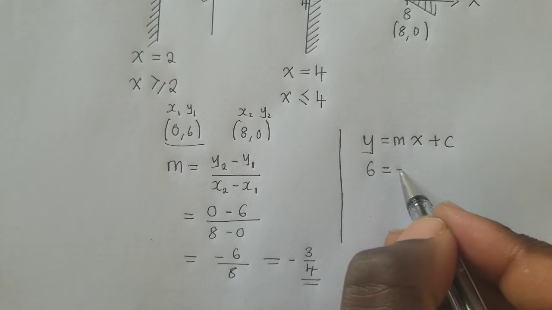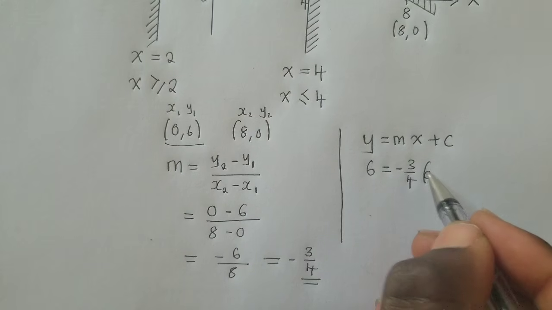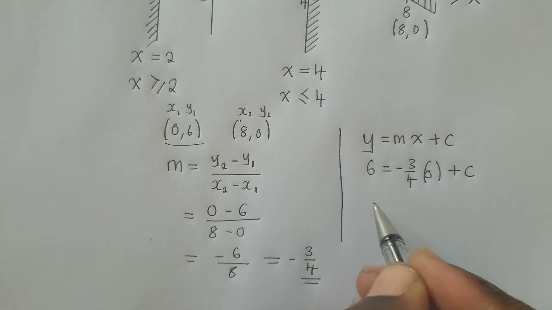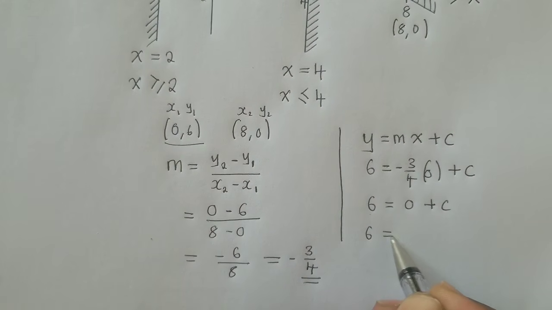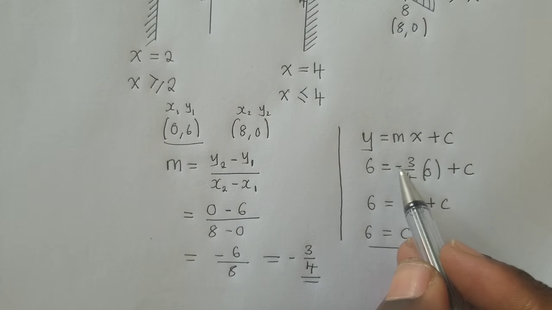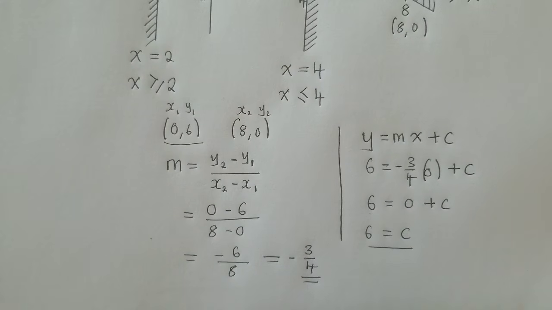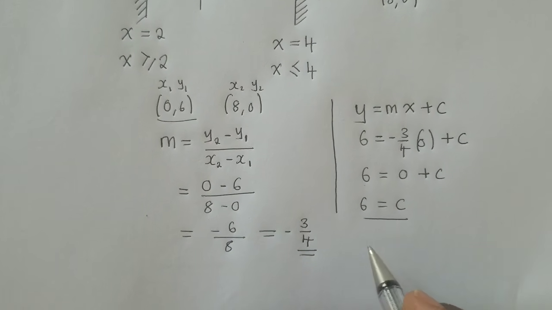My m is negative 3 over 4, and then my x is 0, plus c. So solving for c, therefore our c will be equal to 6. The gradient, negative 3 over 4 times 0, just gives me a 0. So I've gotten the value of c.